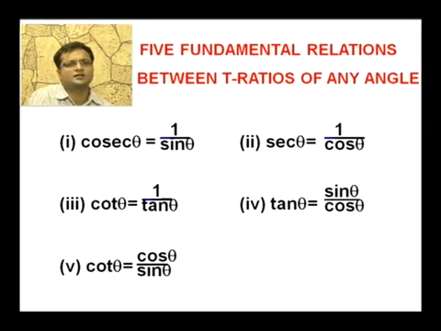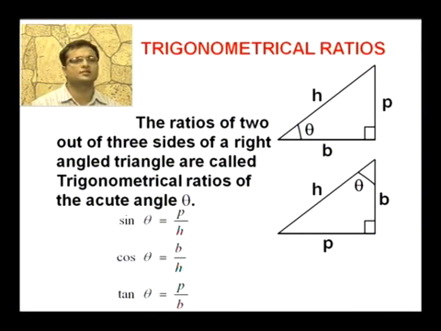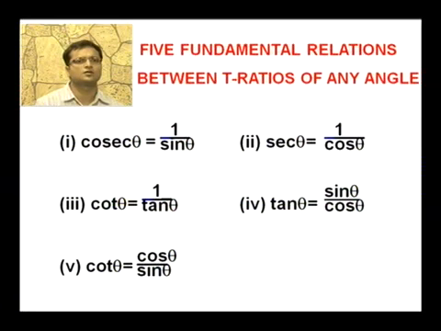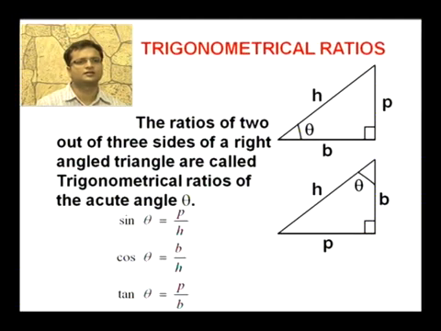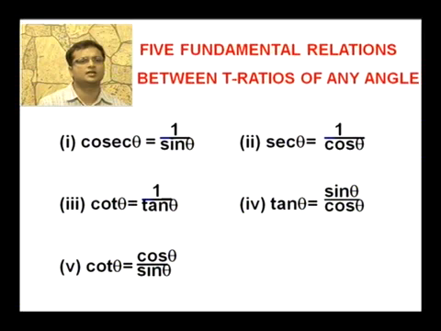Secant theta is 1 upon cos theta and cos theta is base upon hypotenuse, so secant theta is hypotenuse upon base. Cot theta is 1 upon tan theta. Tan theta is perpendicular upon base, so cot theta is base upon perpendicular.